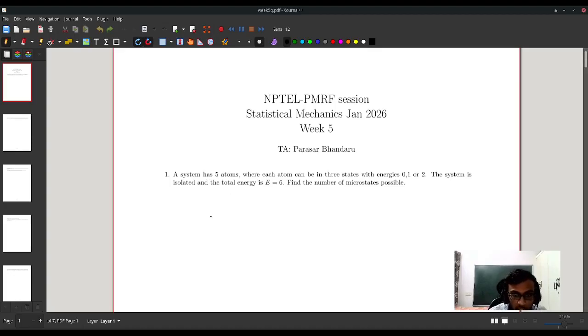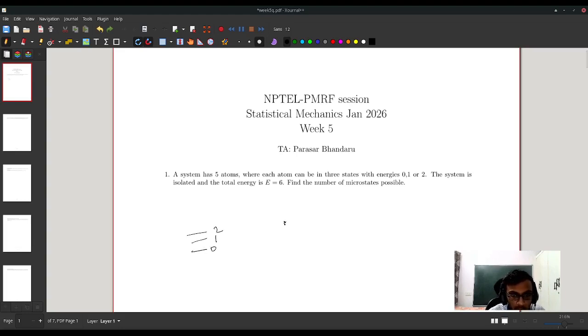So in this question, the system under consideration has 5 atoms, and each of the atoms can be in 3 states whose energies are 0, 1 and 2.